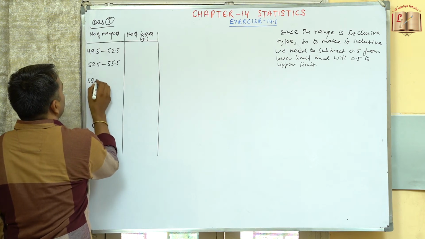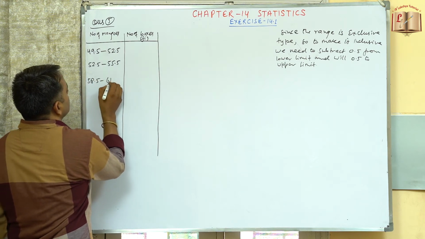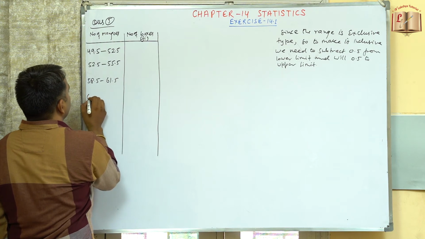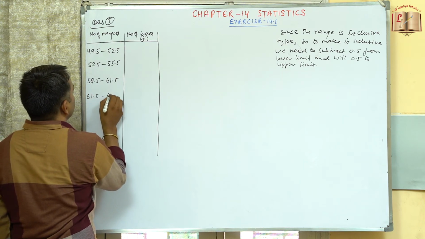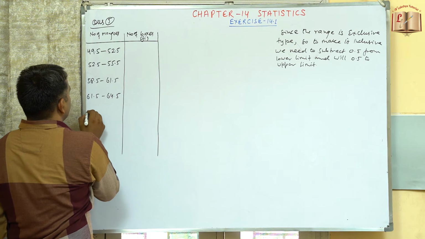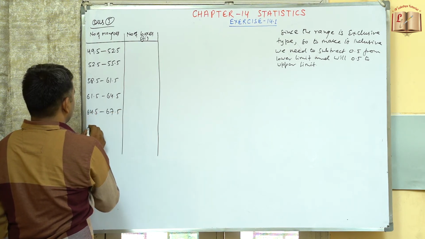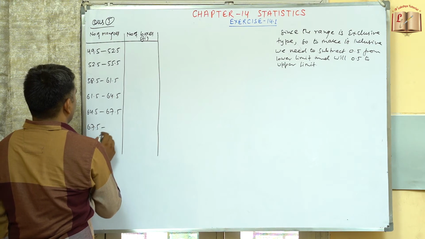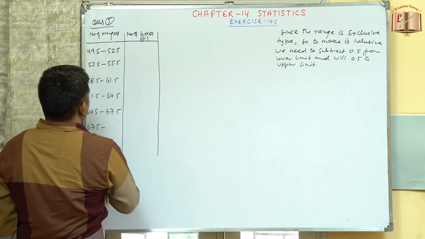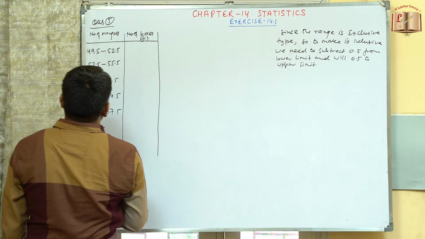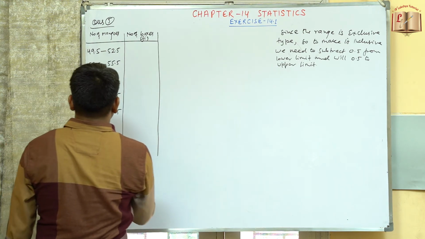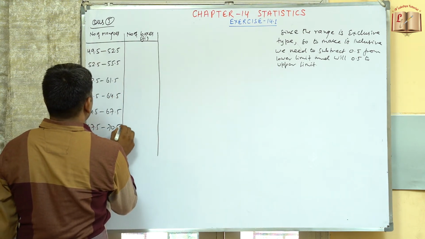Next will be 55.5 to 58.5, then 58.5 to 61.5, then 61.5 to 64.5, then 64.5 to 67.5.